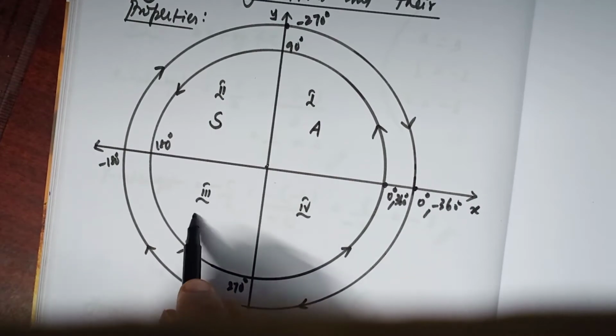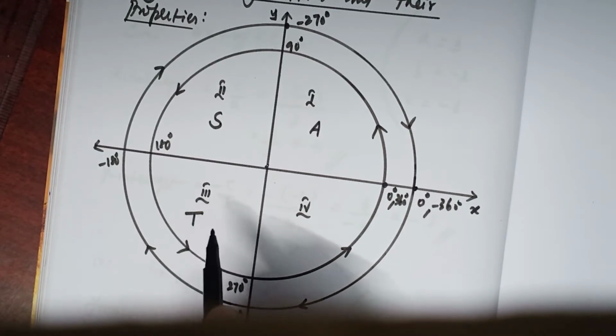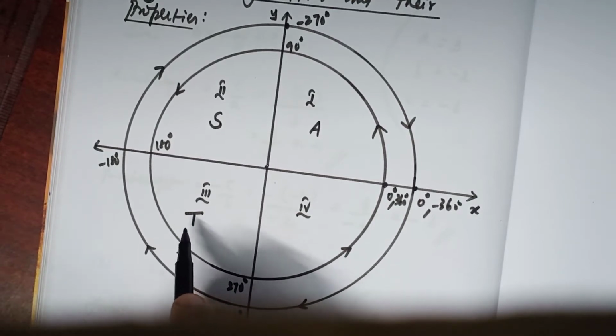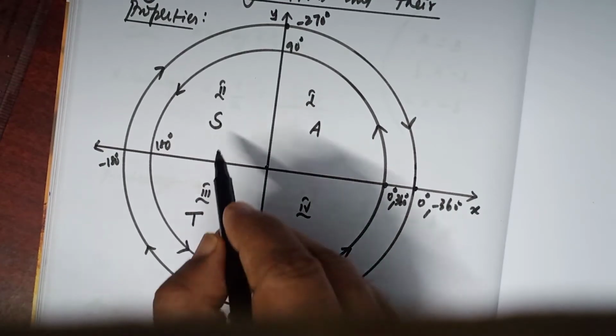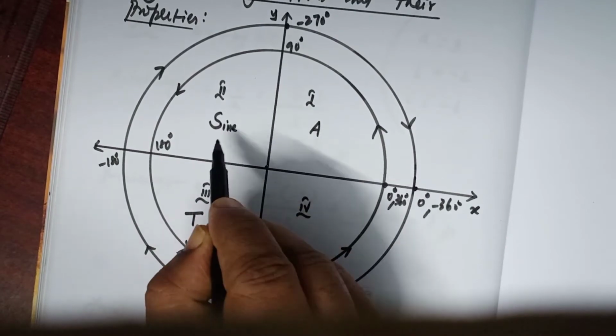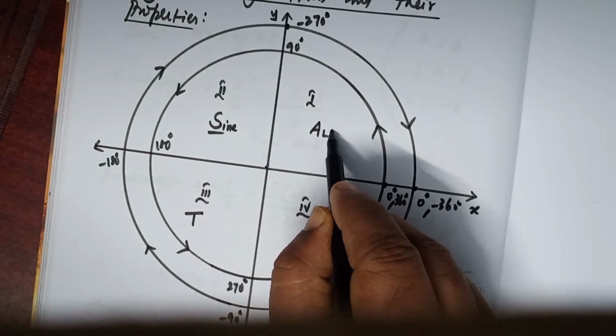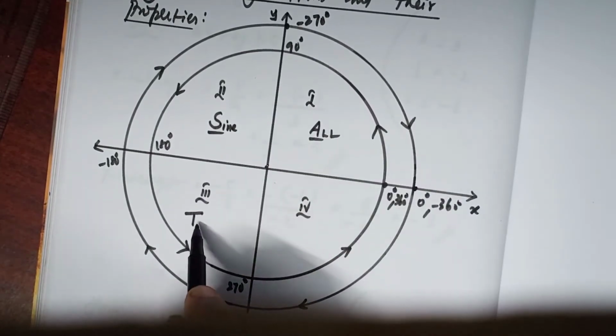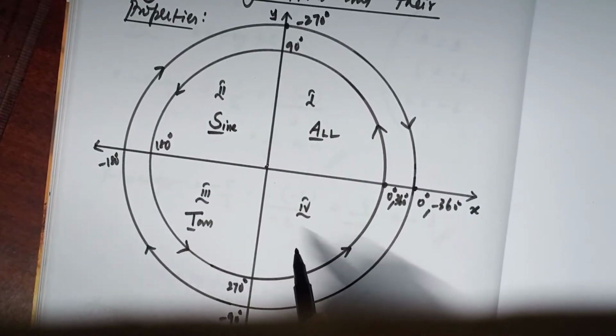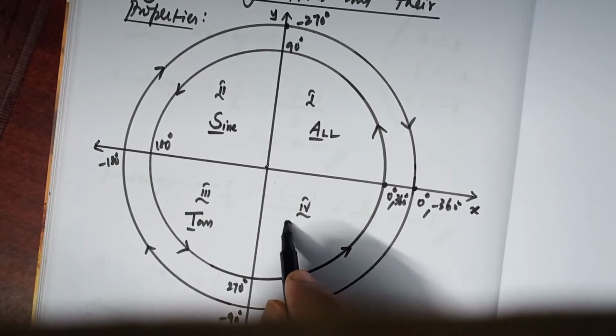Third quadrant, T refers to tan. Tan and its reciprocal cot. Tan theta and cot theta are reciprocal of each other. So tan and cot only positive, others are all negative. I write here S refers to sine, all, tan, and in fourth quadrant C refers to cos.